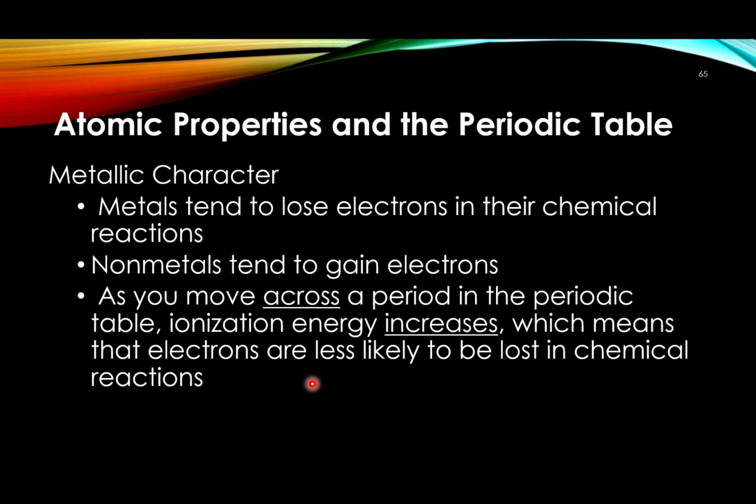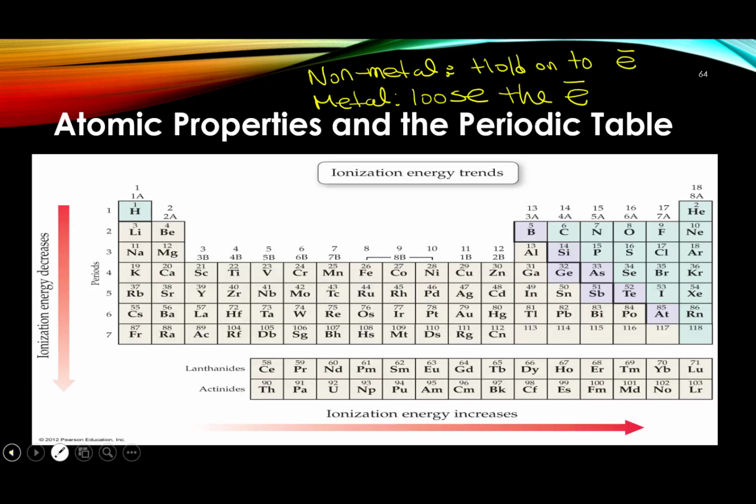If I go back to the ionization energy, it's the exact opposite of ionization energy when we are talking about metallic characteristics. Metallic characteristic increases from top to bottom and decreases from left to right. It's the exact opposite of ionization energy.